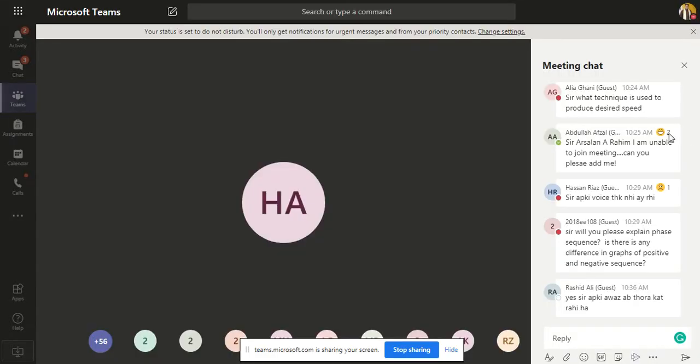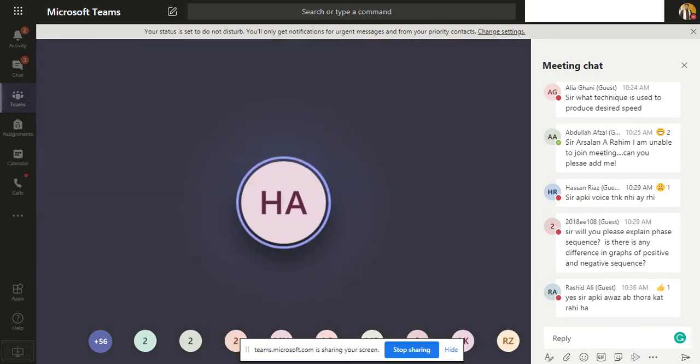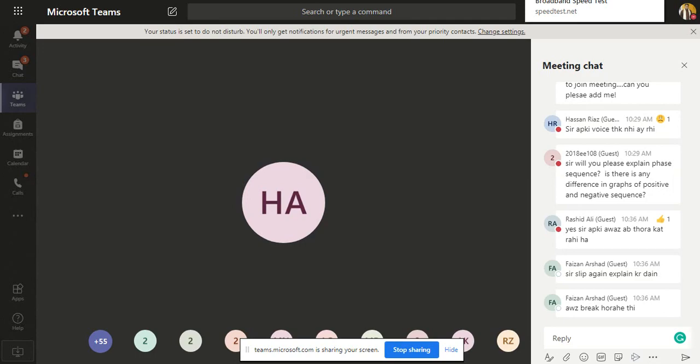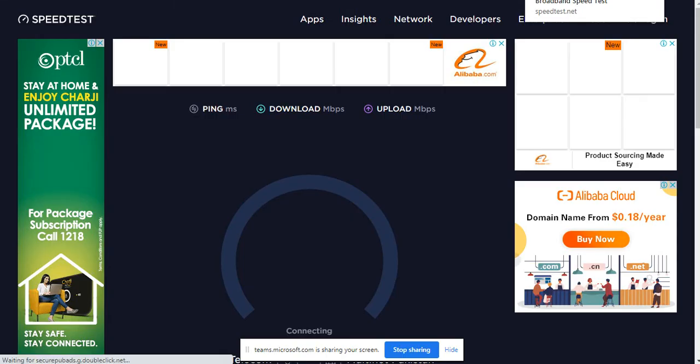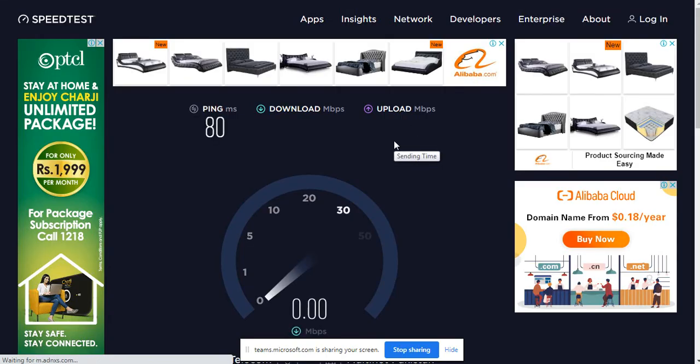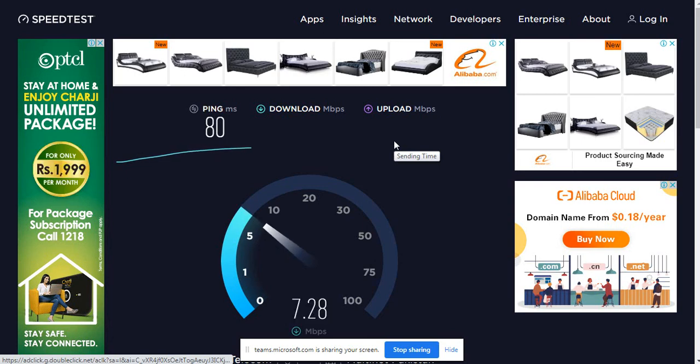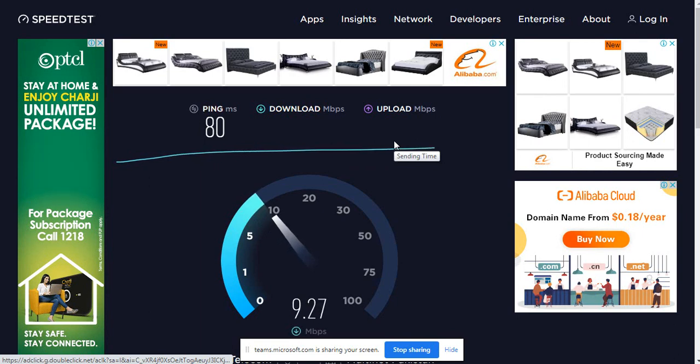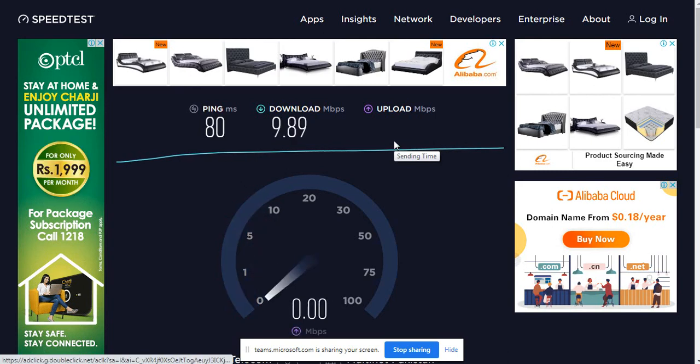Okay. I guess it has rained outside and my connection is on 4G, so maybe there is a little bit of a speed problem. Let me check. Yes, there is a problem. You can see the download is not going more than 8, maximum 8.5. Yes, it's not more than 10.